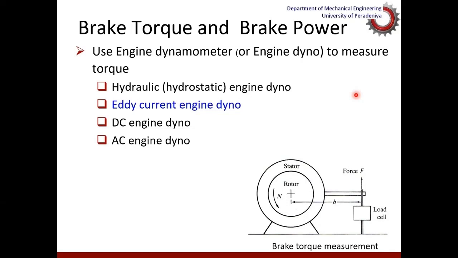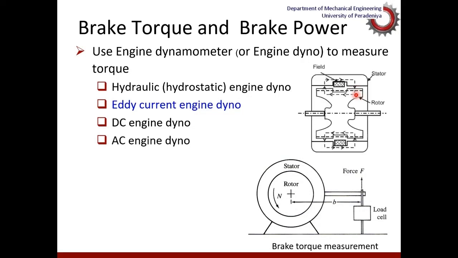There are several different types of dynamometers that can be used for engine testing. But the most common type that we frequently find in modern day experimentation is the eddy current engine dyno. In our test rig in the applied thermodynamics laboratory, what we have in this engine is an eddy current dynamometer.